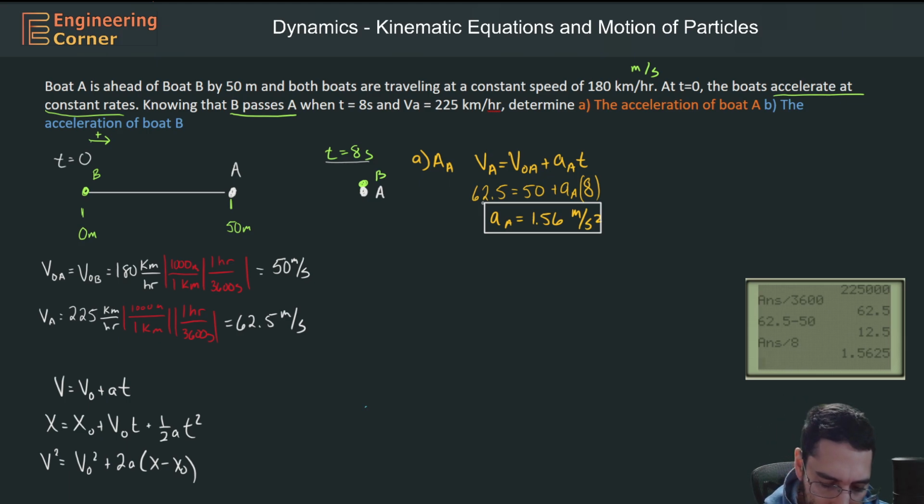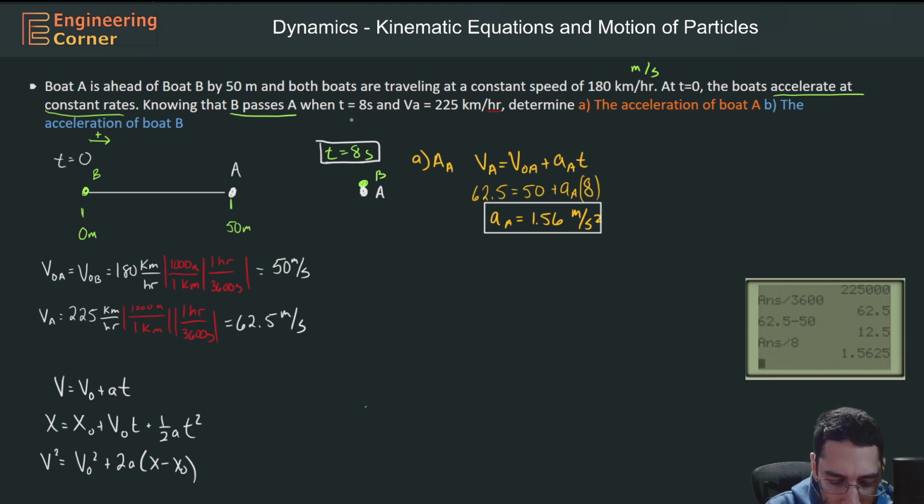So now I need to figure out the acceleration of boat B. How do I do that? Well, there's a few things that I know. I know that everything happens at 8 seconds.